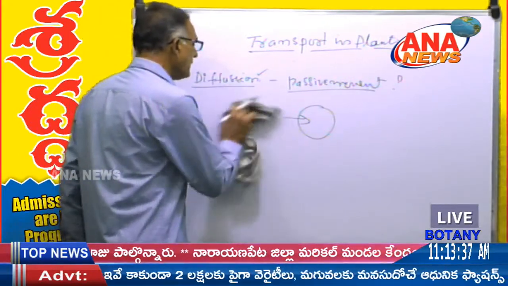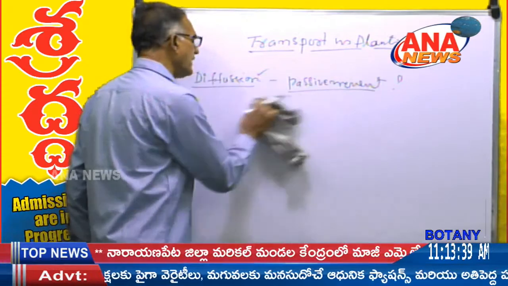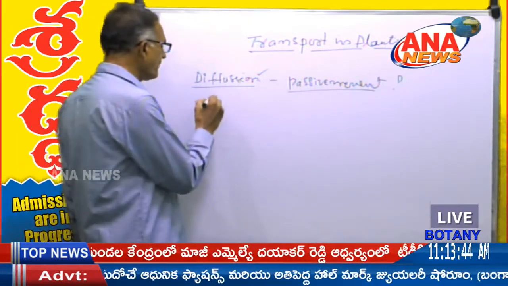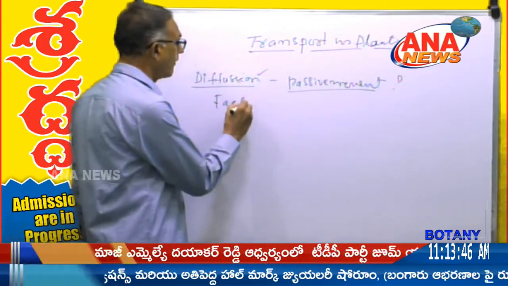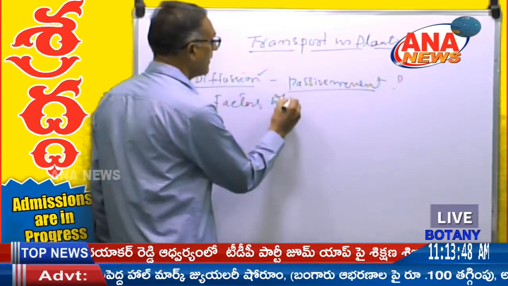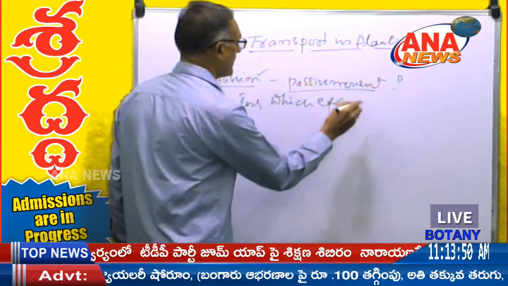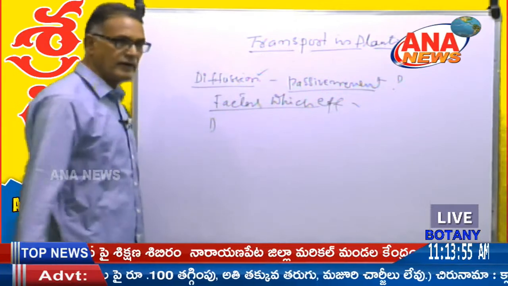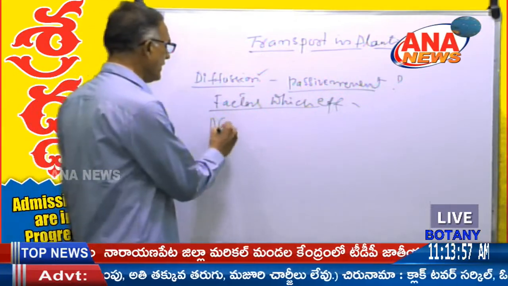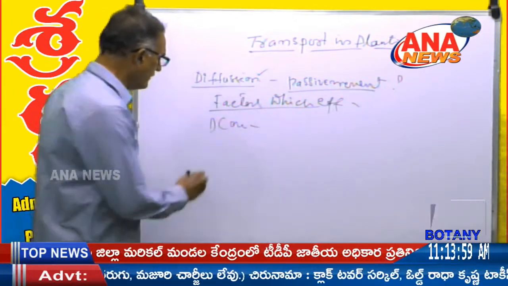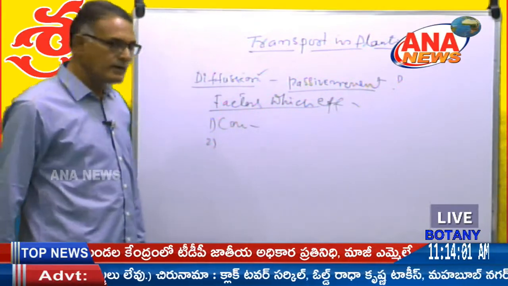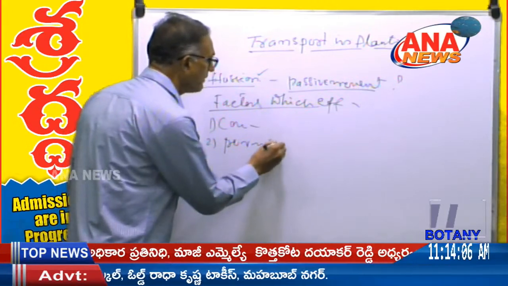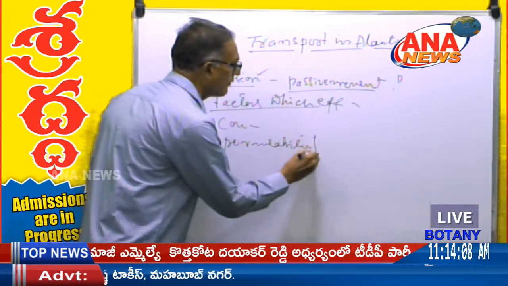The process of diffusion is affected by some factors. That also we discussed yesterday. So the factors which affect it: the first one is concentration gradient. Second is permeability of the membrane.